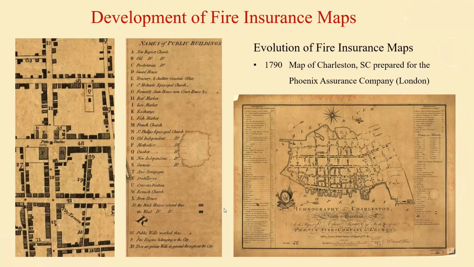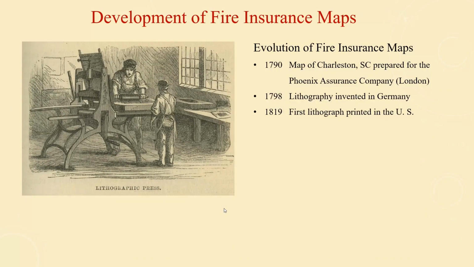So this is kind of the start. And the reason that the company wanted this map, of course, is that they needed to insure buildings that were far away from where they were located and needed to know something about them. Another thing that happened at the end of the 18th century and starting into the 19th century was the invention of lithography.